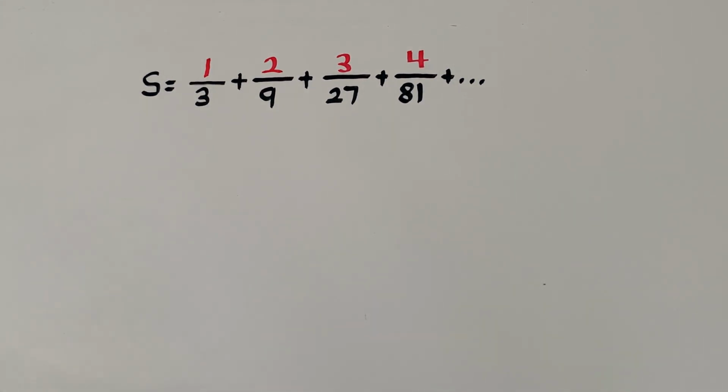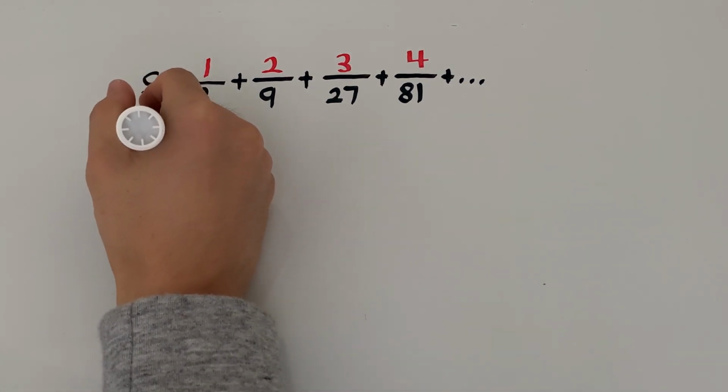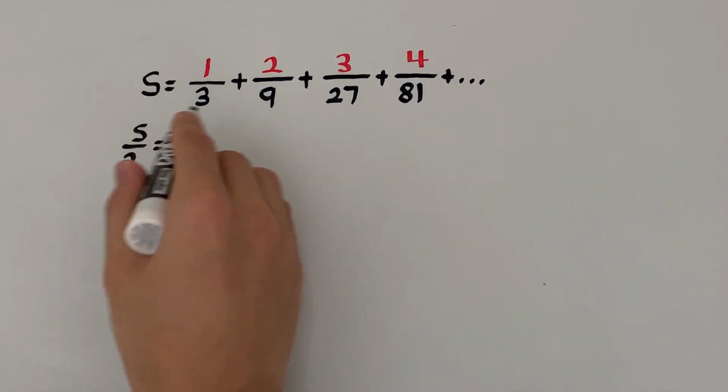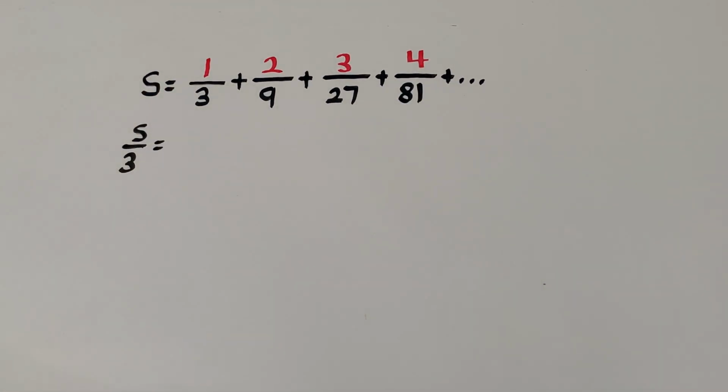Now we've already called the whole thing S, so let's find S. So I think by now we are veterans for solving Arithmetico-Geometrico series. The common ratio of the geometric progression is 1 over 3, so we'll take S and multiply it by 1 over 3 to get S over 3 equals every term in S multiplied by 1 over 3.